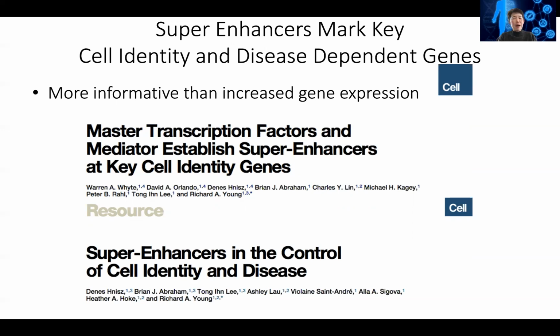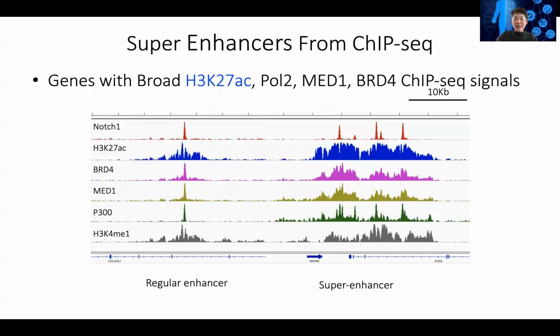Estrogen receptor is by no means a very highly overexpressed gene, because in general, transcription factors are not expressed at high levels. But interestingly, when you look at the epigenetics of the K27 acetylation signal, you see huge K27 acetylation peaks near the estrogen receptor gene.